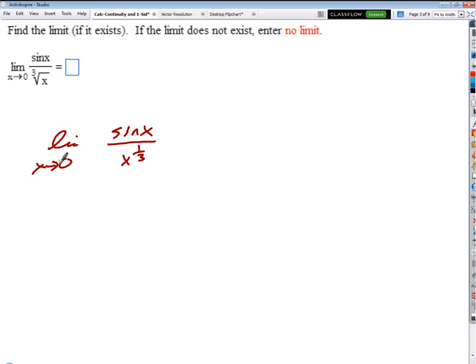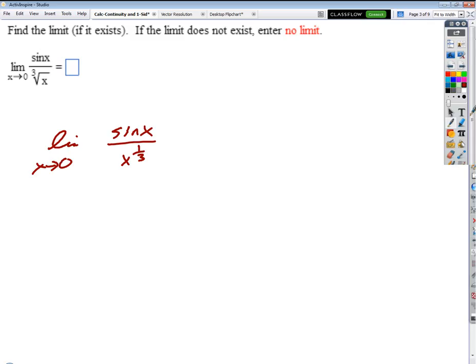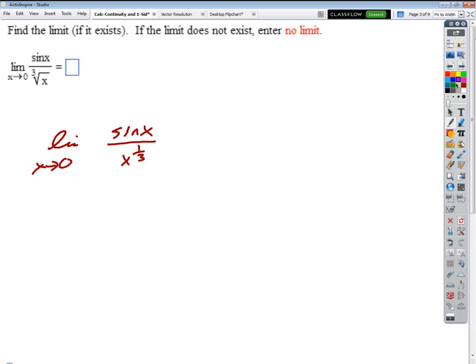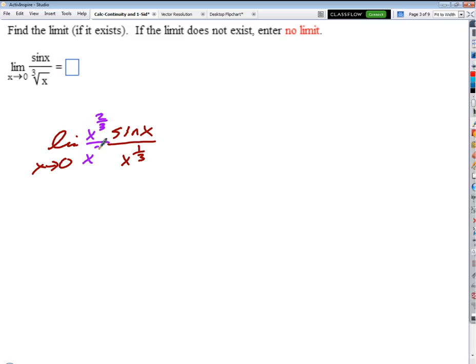X to the 2/3. Yeah, because you add that when you multiply. Right? Because when you multiply like bases, you add the exponents, right? Okay, so where do you get the 2? 2 over 3, because you want to fill it. Wait, what? That's just x, right? Yeah. Okay, you take it from there.